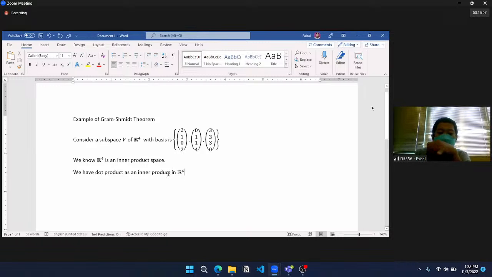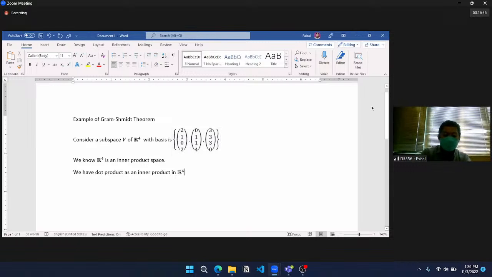Because this is an inner product space, we want to construct an orthogonal basis of V, but this basis is not orthogonal, because if we look at the first and the second vectors, the dot product is not zero.